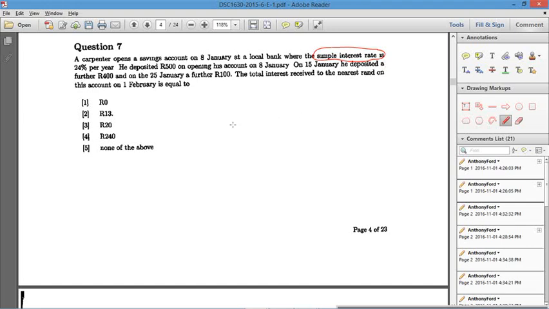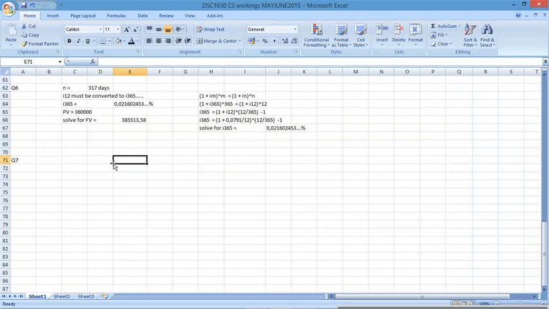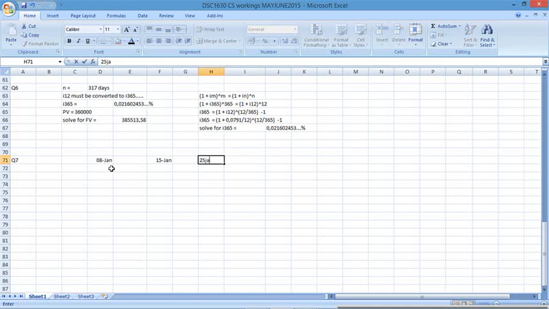Okay, so again, I would draw a timeline here just to make it look a bit easier in terms of interpretation. Read all the dates and draw a little timeline. Right, I know the guy deposited 500 here, 400 there, and 100 here.